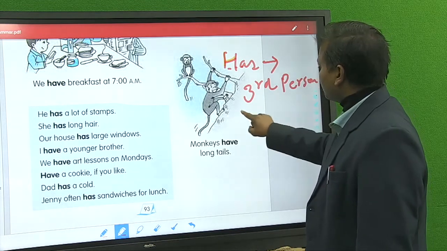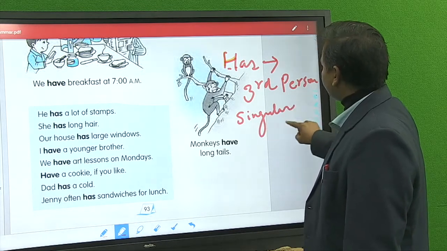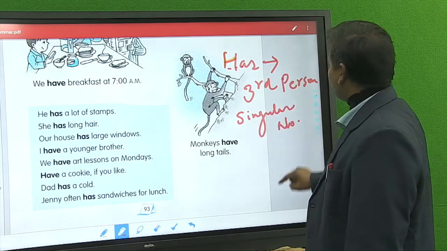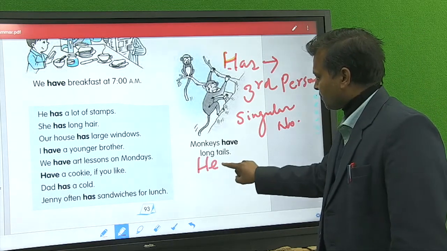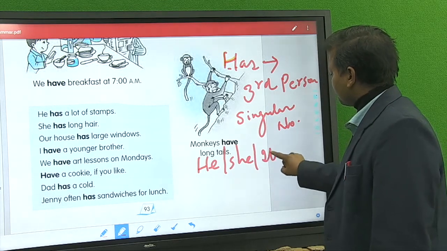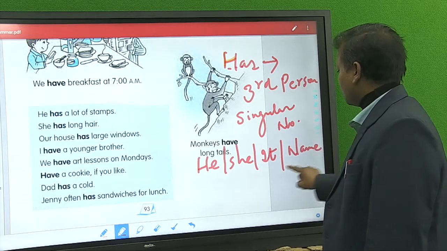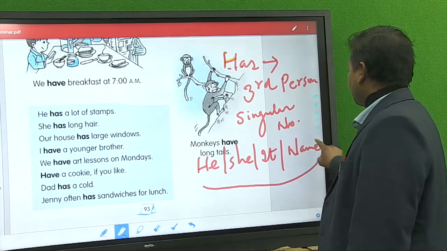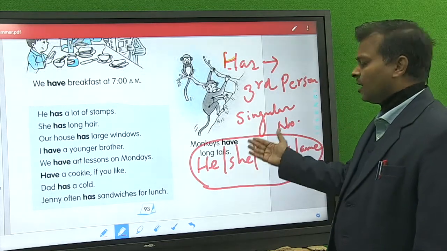Third person singular number, okay? For example, if we have he, she, it, or any name. So these are third person and singular number, dear students. And with this third person singular number, we use has.